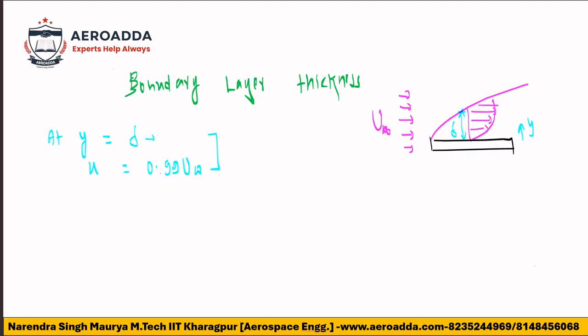That vertical height is considered the boundary layer thickness. It is the perpendicular distance from the surface where the fluid velocity is 99% of the free stream velocity.